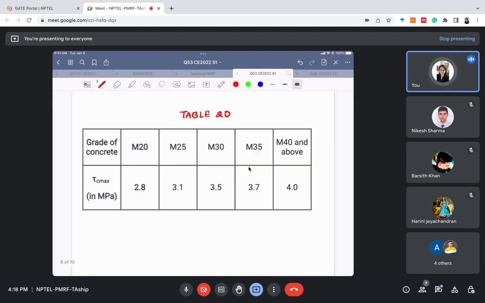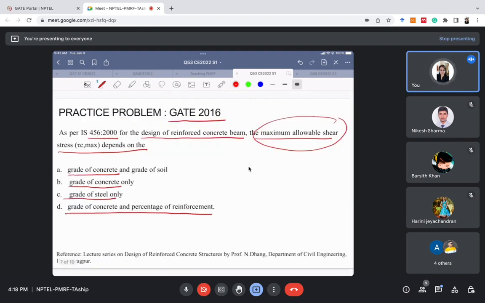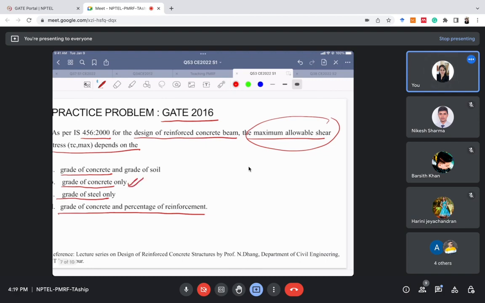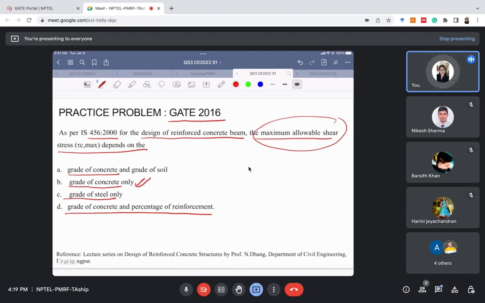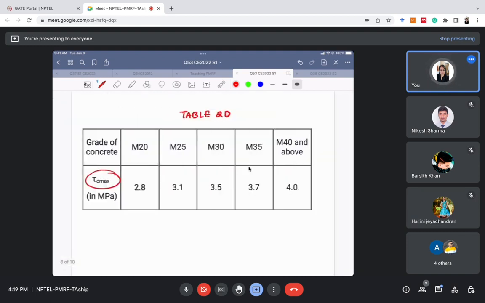According to the IS code, the value of tau c max only depends on the grade of concrete. There is nothing mentioned about steel or anything else. So tau c max depends on grade of concrete only. Please keep this in mind. It was directly asked from the table of the IS code.